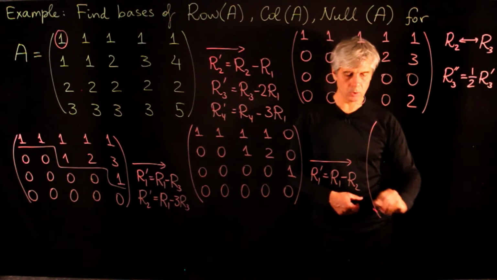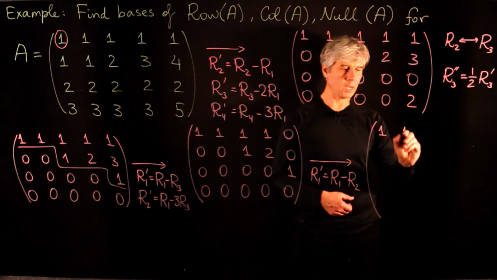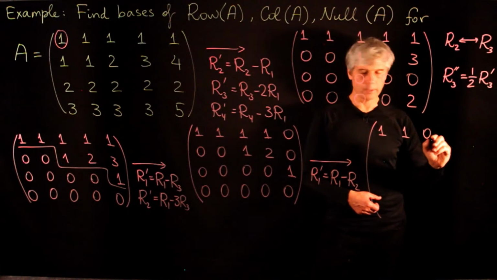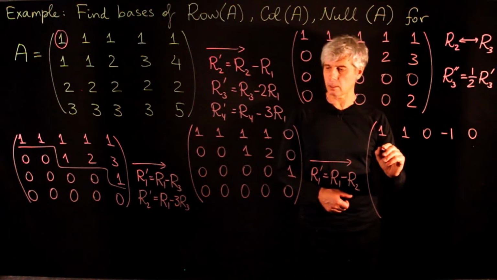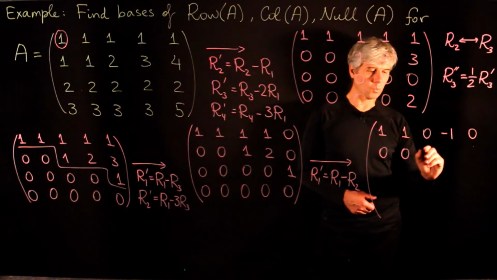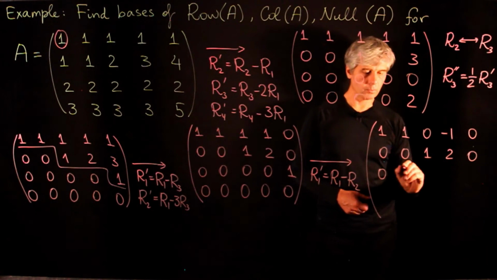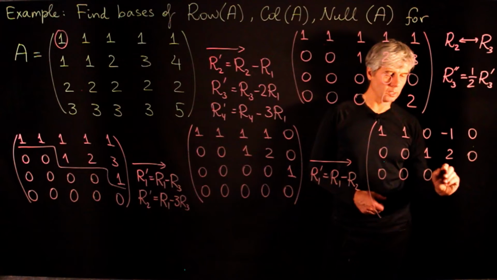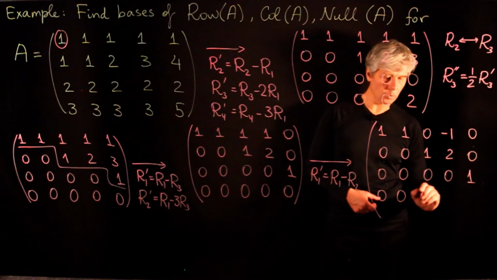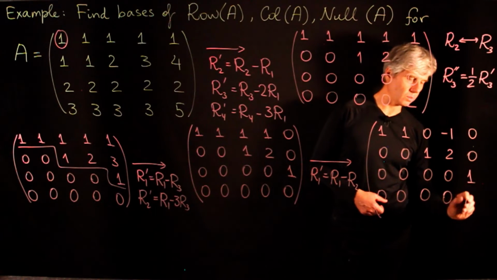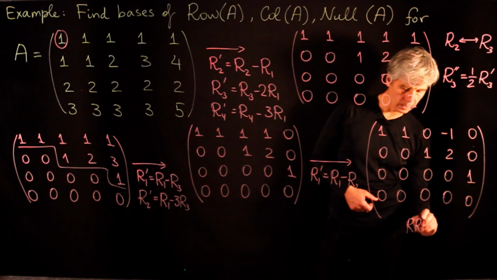And so the reduced row echelon form will become 1, 1, 0, negative 1, 0, 0, 0, 1, 2, 0, 0, 0, 0, 0, 1, and 0, 0, 0, 0, 0. Right, so this is reduced row echelon form.